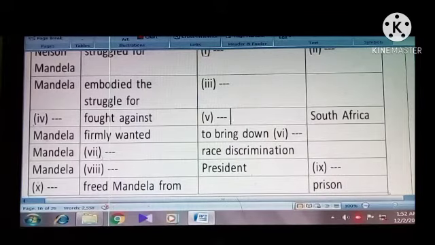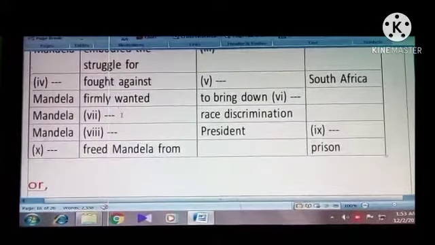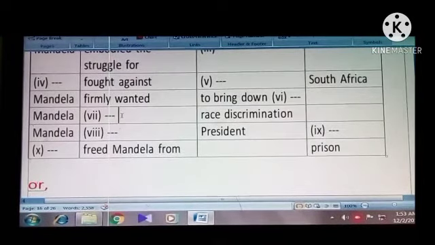Number 6, Mandela dash. Here we have to write the event or action. Mandela dash race discrimination, and we know that Mandela hated race discrimination. Number 8, Mandela dash president dash.